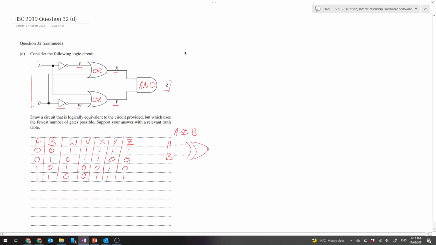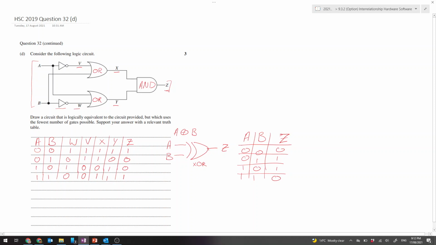So there's my XOR gate and an output. If I quickly draw the truth table for this, A, B, XOR, so an XOR is one or the other, but not both. And if we look at that, we might see a pattern here.